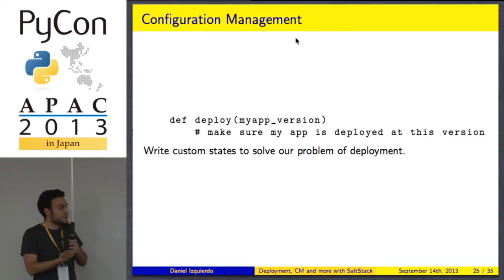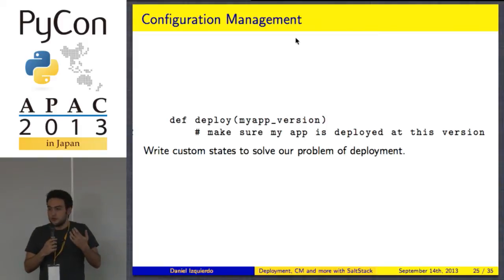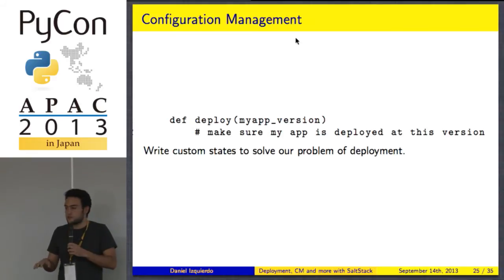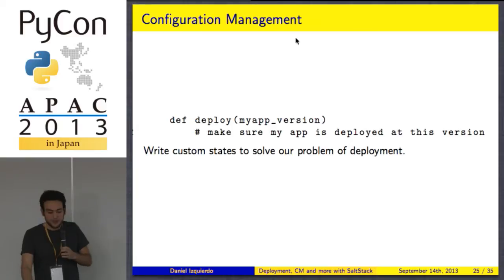So you could write a custom function to perform a deployment, right? And then you could potentially deploy your app from a single point just by running a single command that knows what to do, because your Python function knows everything it needs to do to push a new application version.